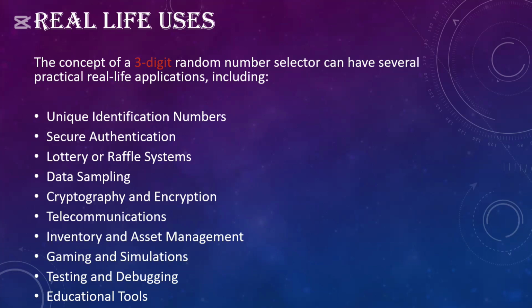Number 9, testing and debugging. Producing random test cases for software testing and quality assurance processes. Number 10 and last, education tools. Randomizing questions or prizes or problems for online tests or learning applications.